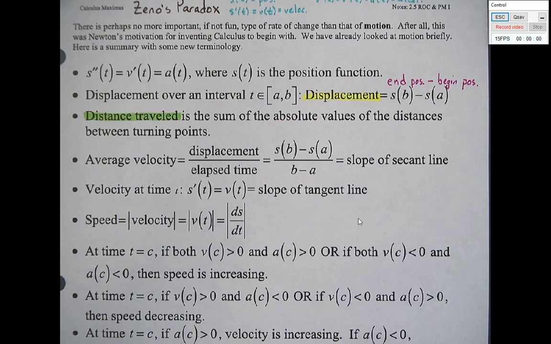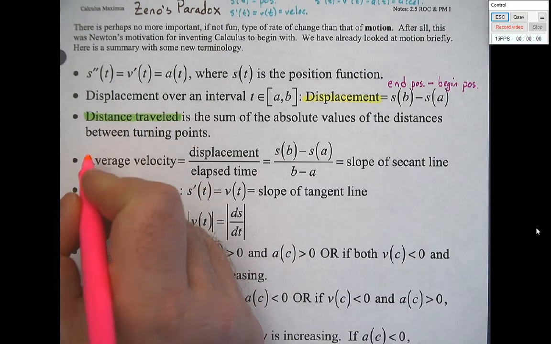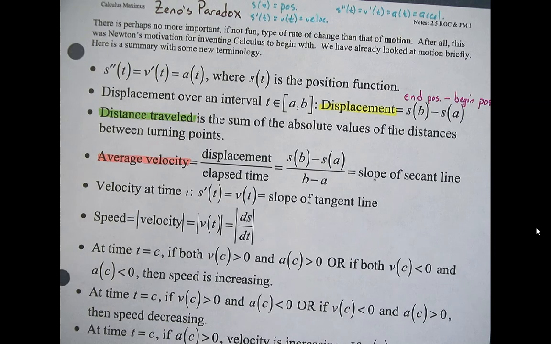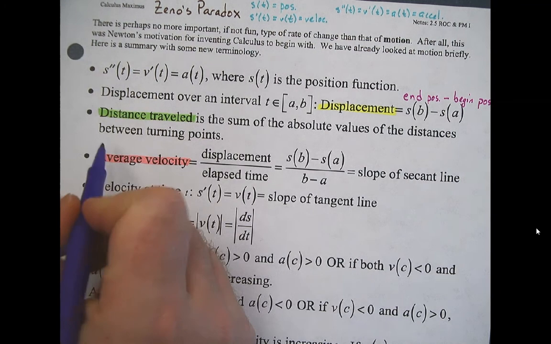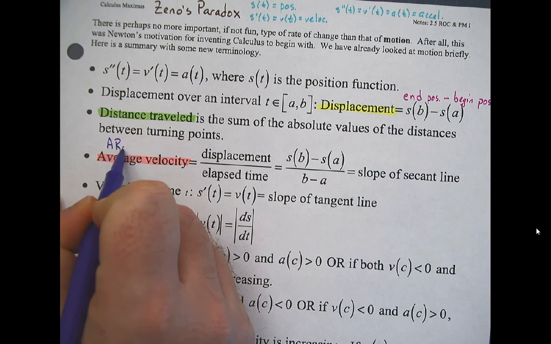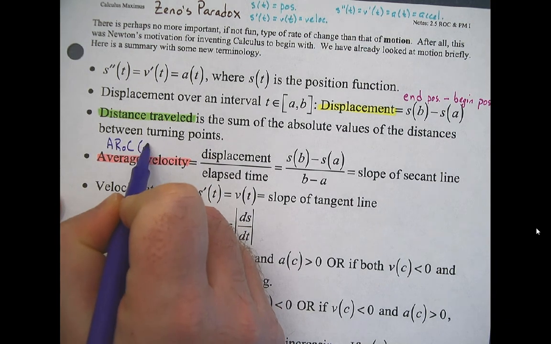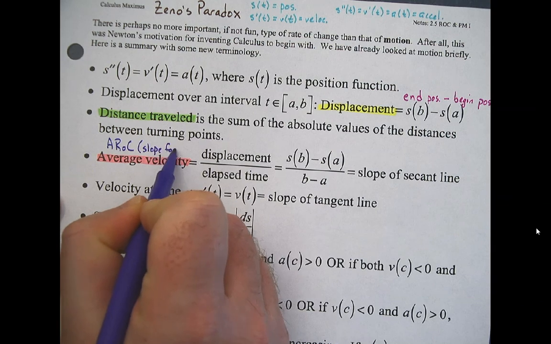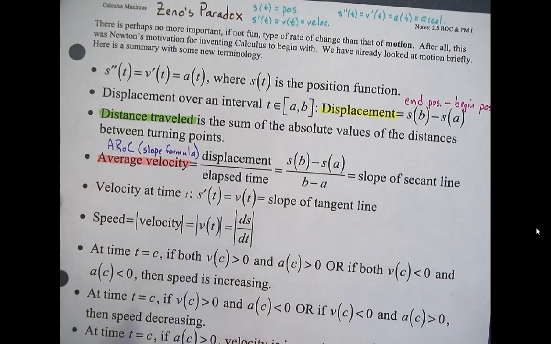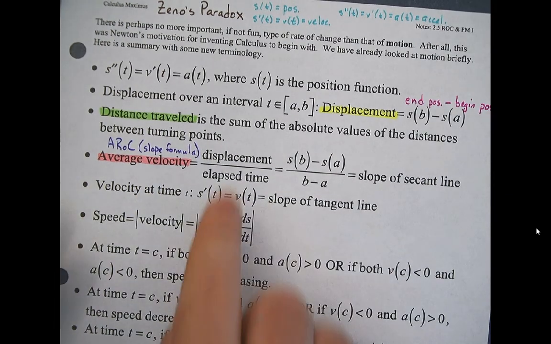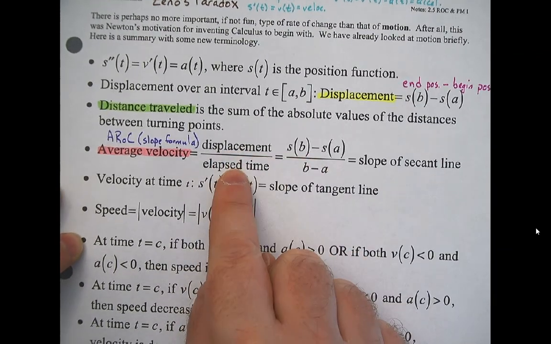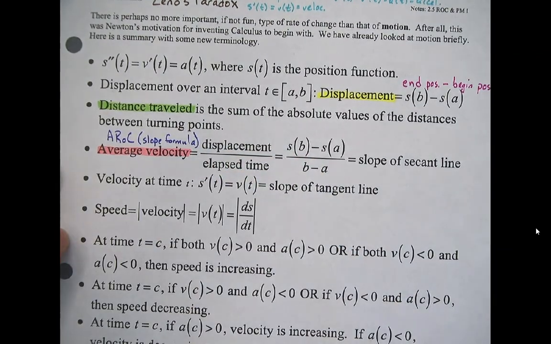I'll probably bounce back and forth quite a bit between these. Average velocity. So this should be old news. We already know average velocity, average anything is an AROC. It's the slope formula. So I would take how far I traveled, divided by how much time went over. That's my average velocity.